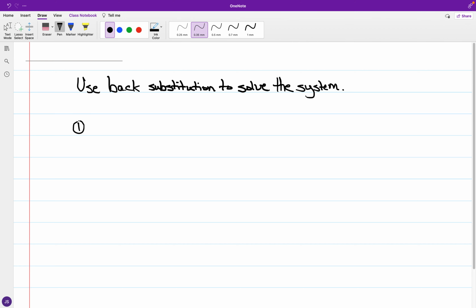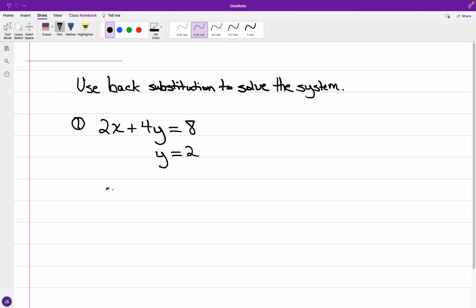We'll say we have a system of equations, and for the first we have 2x plus 4y is equal to 8, and we'll say in advance that y is equal to 2.